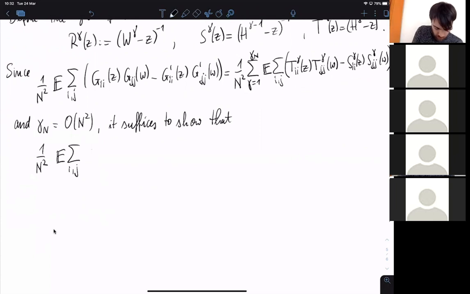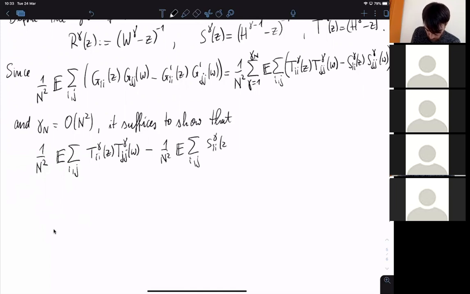Each of them should be smaller: gamma j j w gamma minus the same with the S, 1 over n, because we'll start looking at them separately, S gamma z, S j j w, that this is order n to the minus 2 minus xi.